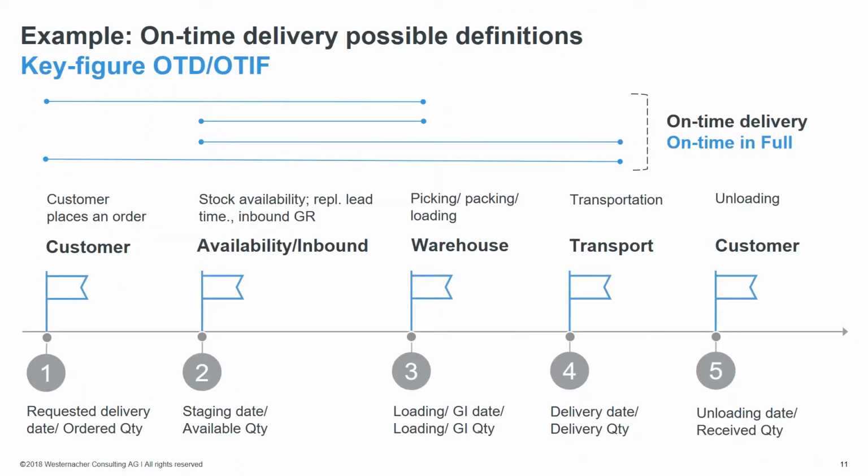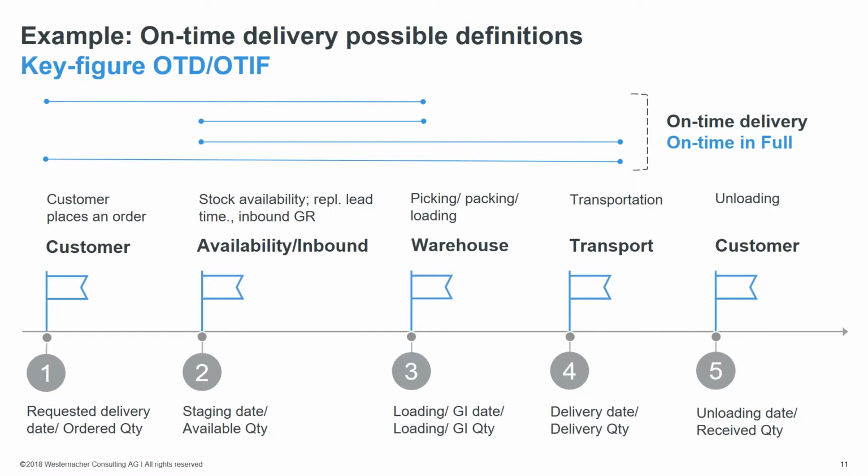So how we define the KPIs is always a big topic. We all know that we have six or seven major KPIs in the warehouse. We can have more, obviously. This is a small example of how OTD or OTIF can be defined, and I would say one of the major KPIs is the overall definition from when the customer places an order up to the final transportation or handing over to the carrier.